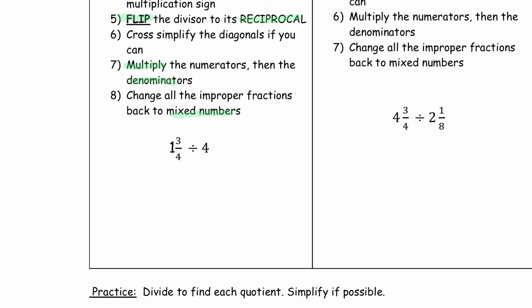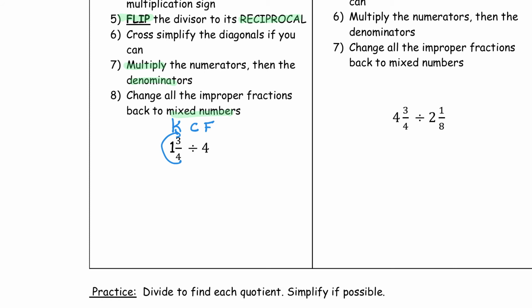1 3/4 divided by 4. Now I'm looking at this saying, oh boy, I can tell that 4 is going to be bigger, but I'm dividing 1 3/4 into 4 parts. Well, how can I actually do that? Well, mathematically speaking, we are going to change and flip, which means multiplying by the reciprocal. So here we go. Keep, change, flip. Ready? Here we go.